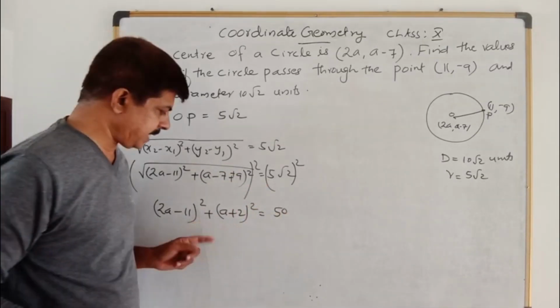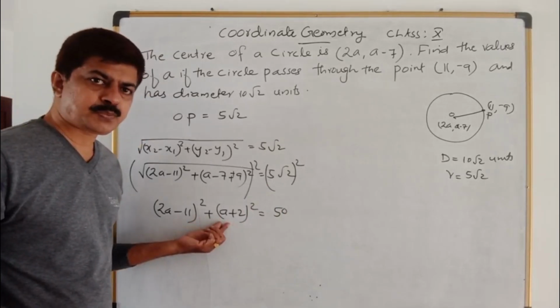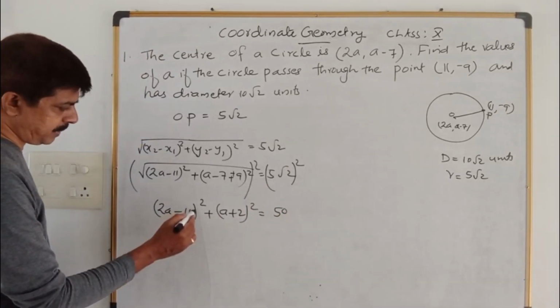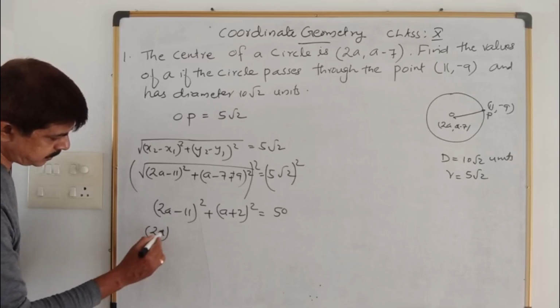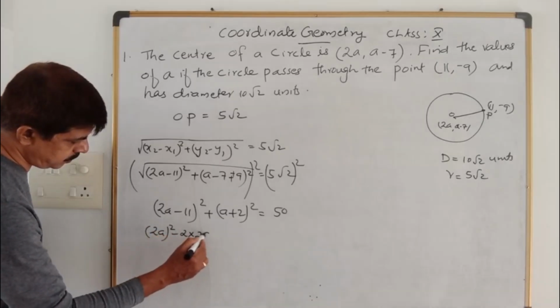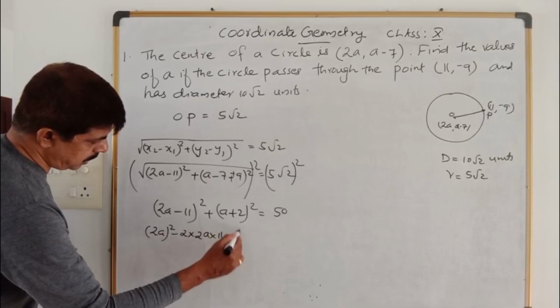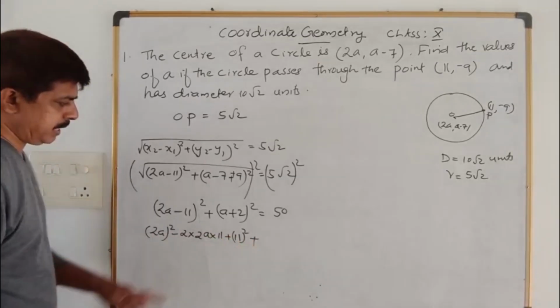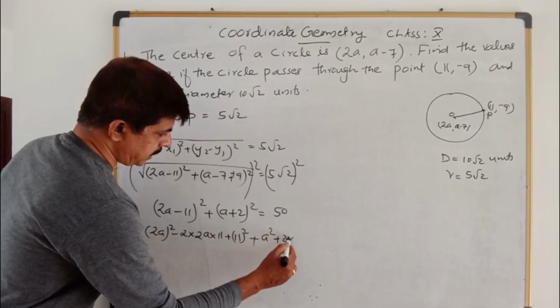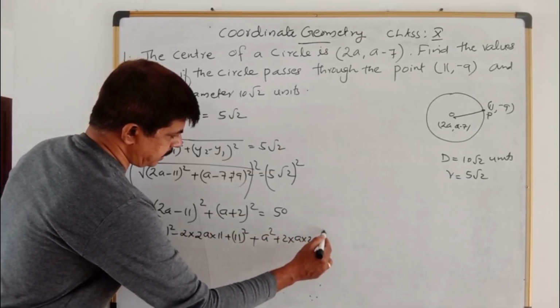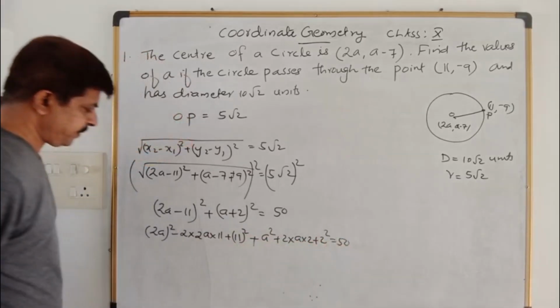Here are two binomials, so we open them using the (a minus b) whole square method: a square minus 2 into 2a into 11 plus 11 square. Same thing here, (a plus b) whole square: a square plus 2 into a into 2 plus 2 square, is equal to 50.